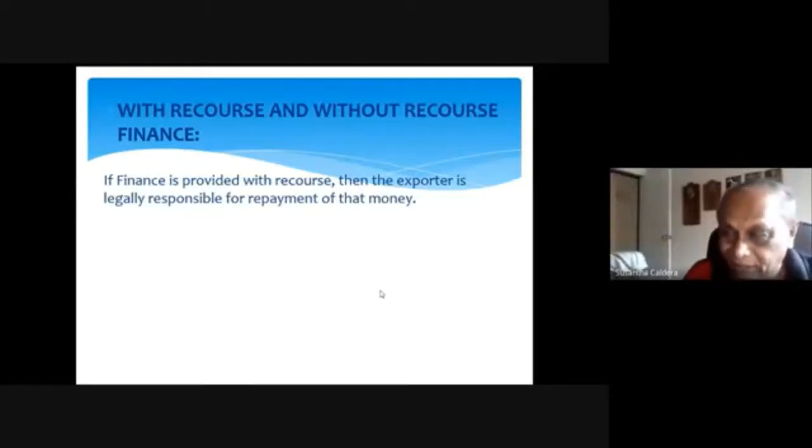To give that value to the exporter, they will check if the documents are compliant with the terms and conditions of the LC. If the documents are compliant with the terms and conditions of the LC, yes, they will negotiate the bill and pay the money.